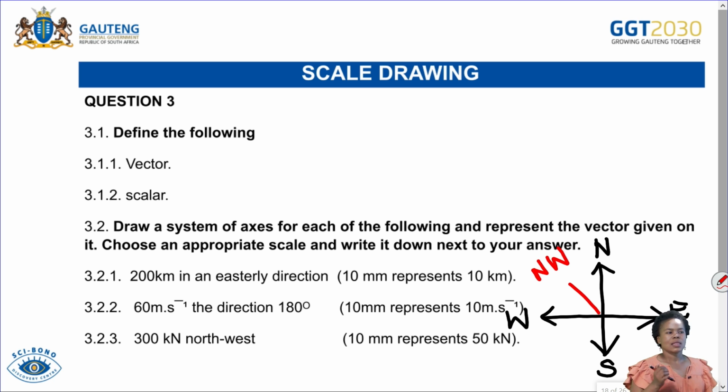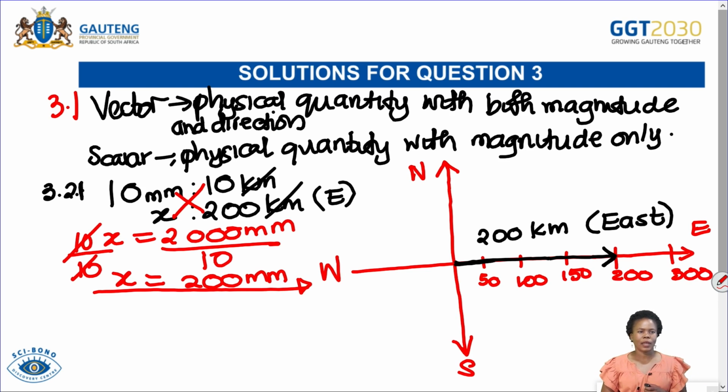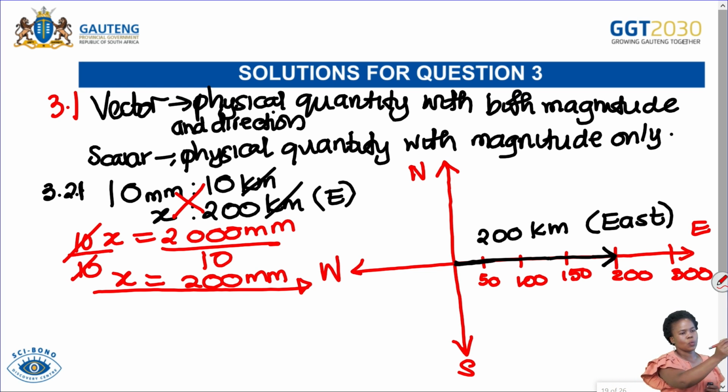That means the vector that you should be drawing here, the length of this line should be going into that direction, not any other. And that is it. That's how simple it is to work with scales and to draw in scale.